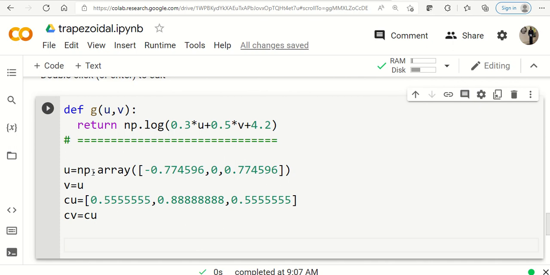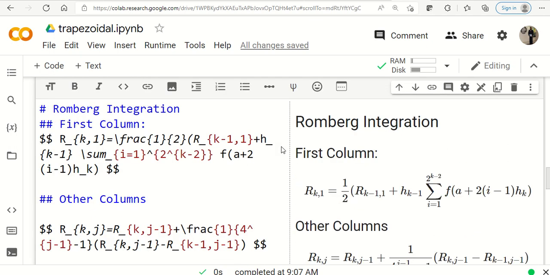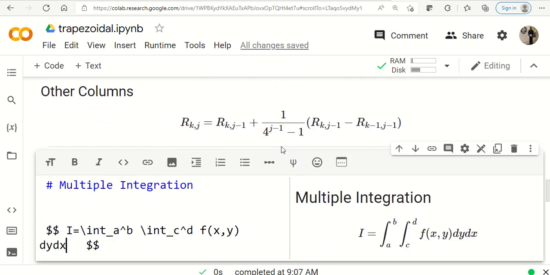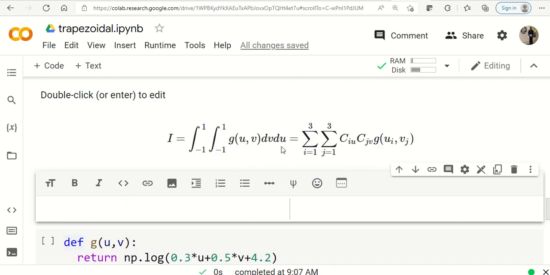Now we have to compute the summation which was written above. Yes, here.